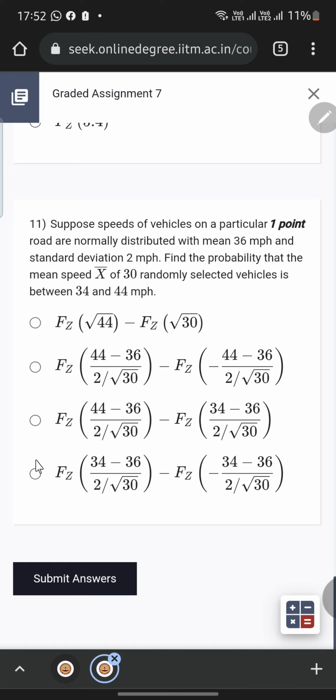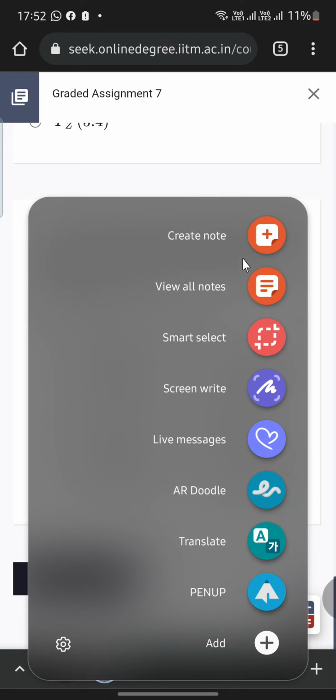Okay, so first of all, let us denote the speed of a vehicle as X, right? So X would be normal with mean 36 and variance 4, or you can write it as 2 squared because standard deviation is 2 here.